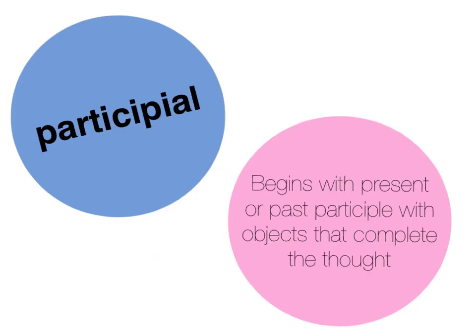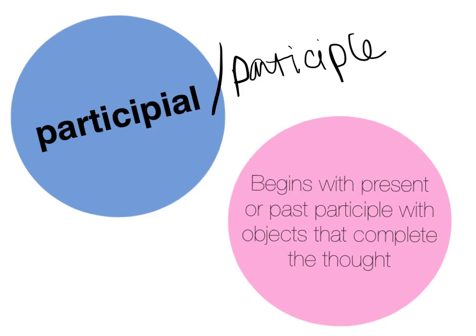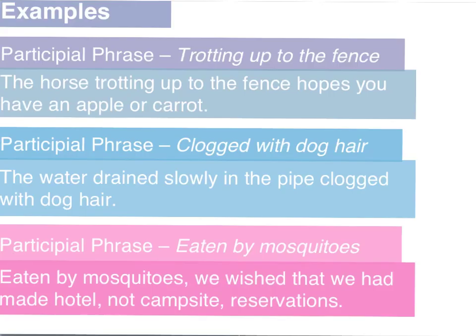We're going to jump to the participial, which can also just be called the participle phrase, and this begins with a present or past participle with objects or modifiers that complete the thought. This one has no noun, unlike the absolute. So again, we're taking a look at the participial phrase in action.